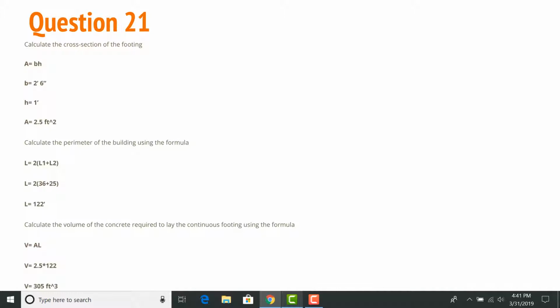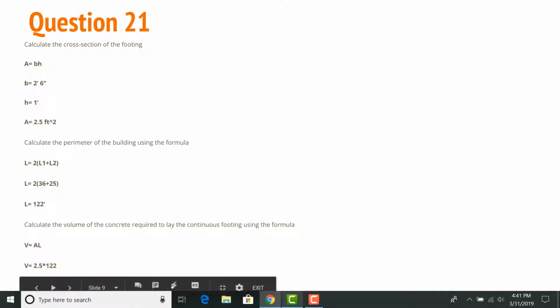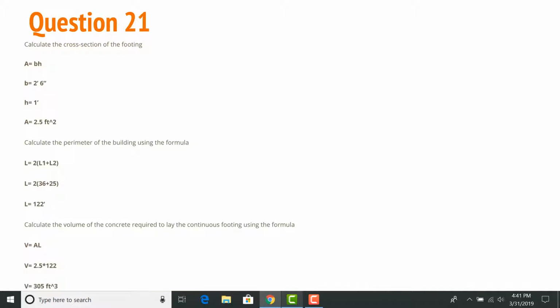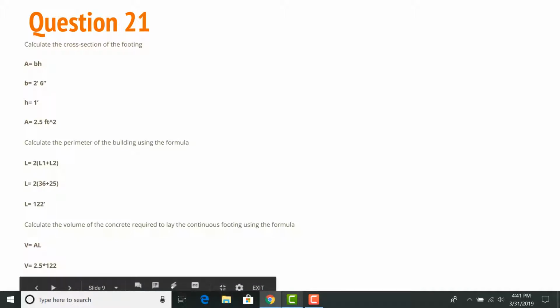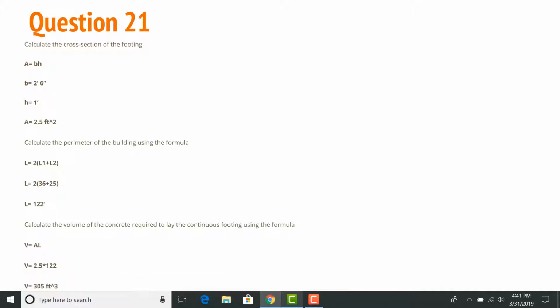And then you calculate the volume of the concrete required to lay the continuous footing. So it's the volume, which is area times the length. The area that we got from right here times the length, and we get a volume of 305 feet cubed.